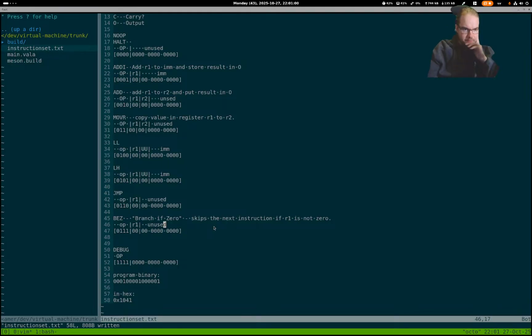And that should be it for the branching. We have no loading. Loading addresses.